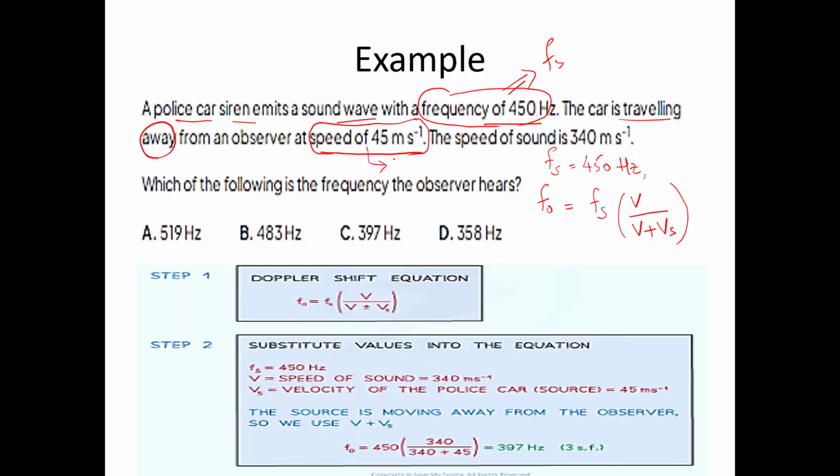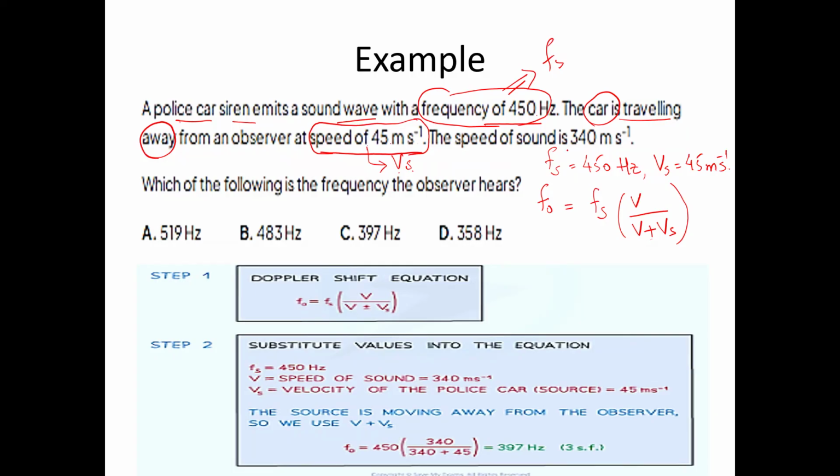Vs. It will be Vs, the speed of the source. Its source is what? Source is car. So the speed of the car is 45 meter per second. It will be considered as Vs. So what is the value of Vs we are having? The Vs value is 45 meter per second.